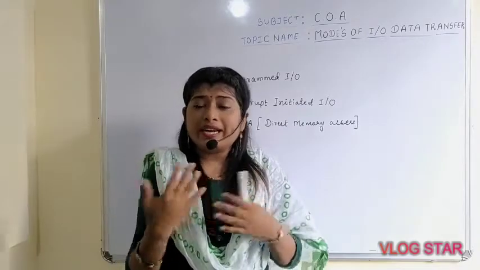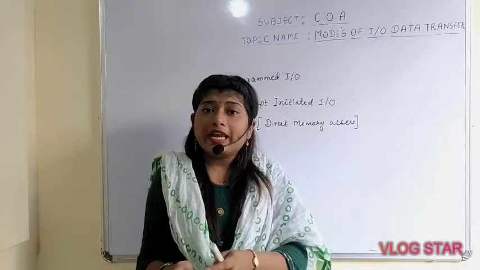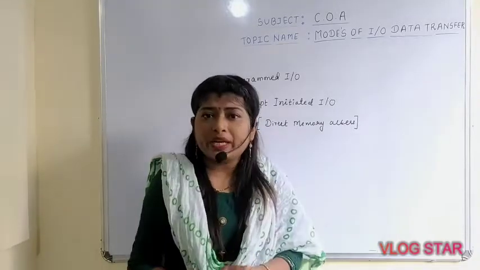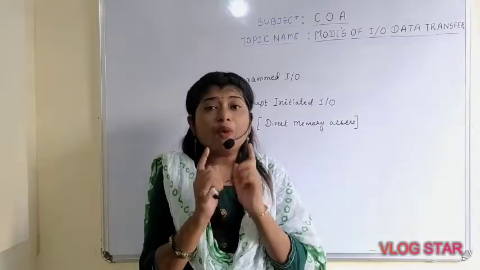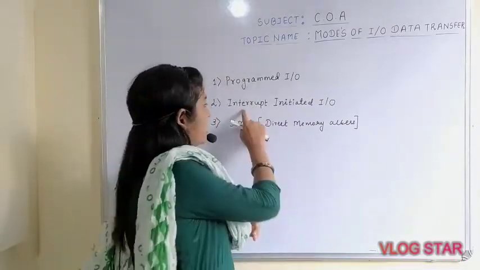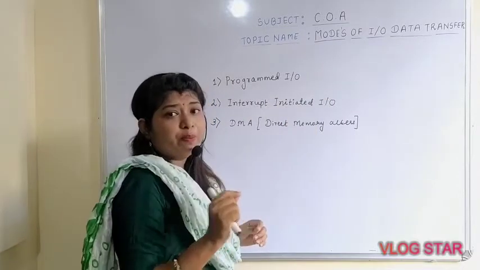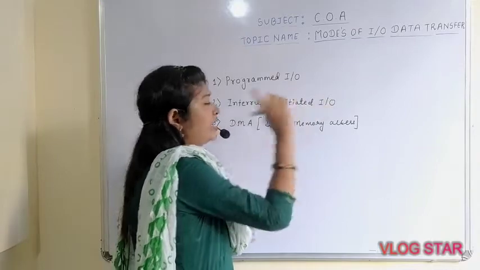And once the data transfer is completed, the CPU returns back to its processing operation. I hope you have understood the significance of the second method related to input output data transfer, that is interrupt initiated IO.